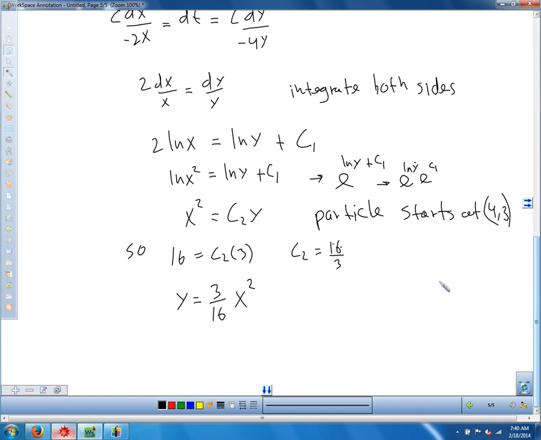And if I sketch out my level curves here, we said we get ellipses. So those would be my level curves, and my particle is going to travel on a little parabolic path.